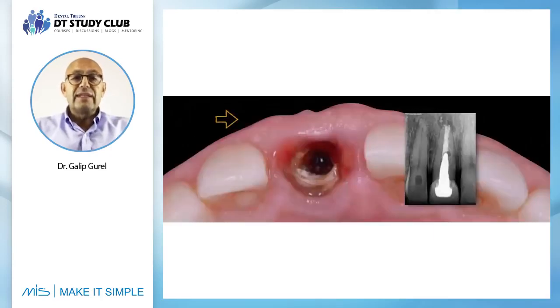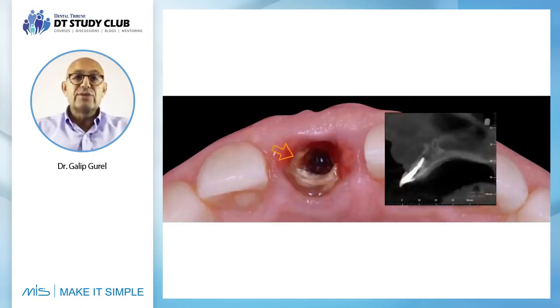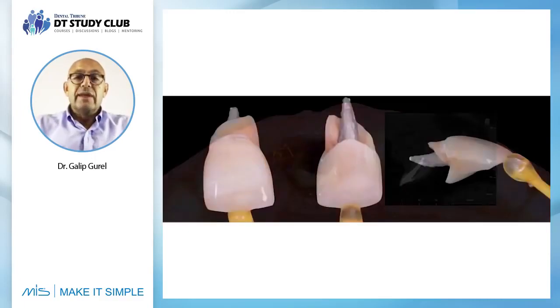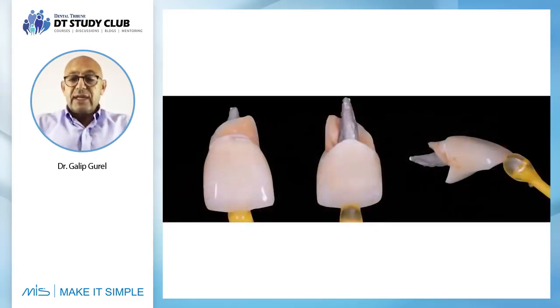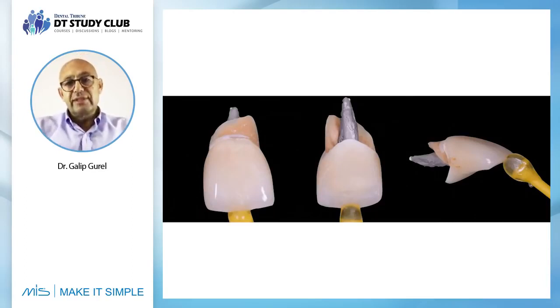And when we take a close look at this, there was this vertical tooth crack that unfortunately needed the extraction of that tooth. So once we extract it, especially on the palatal side, we see this deep vertical crack extending all the way to the palate.